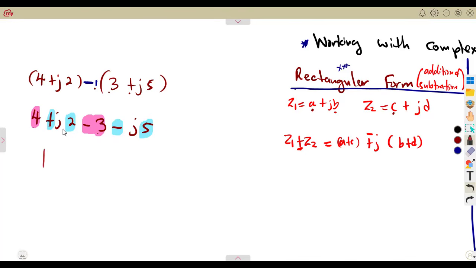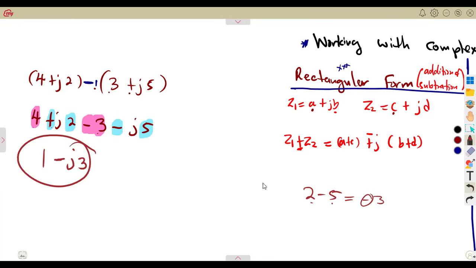The 2 is positive. The part of J there has a negative, so it's minus 5. 2 minus 5 is minus 3. So J is going to be affected with a minus, so it's going to be minus J3. So the sign is important in your simplification.